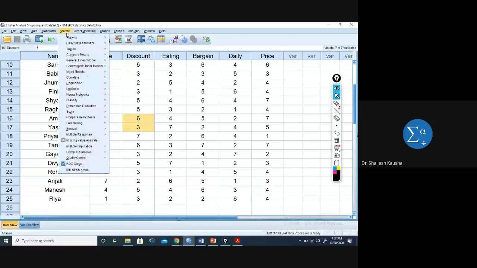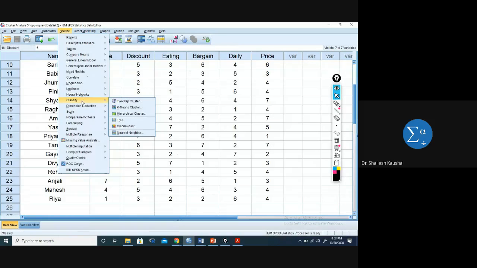So, analyze and classify. Okay, you can see analyze and classify. And after it, what will we do? Through hierarchical cluster analysis, we understood we need only 3 clusters, because in a 4th cluster only 1 person comes.